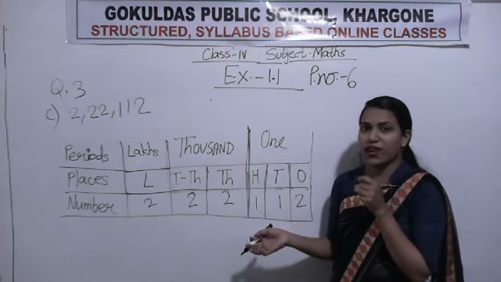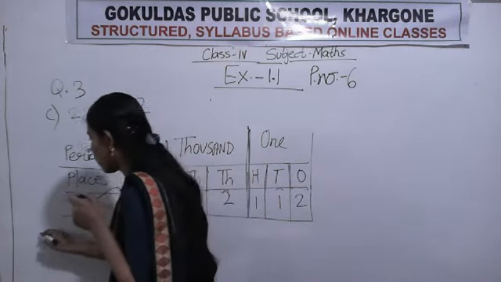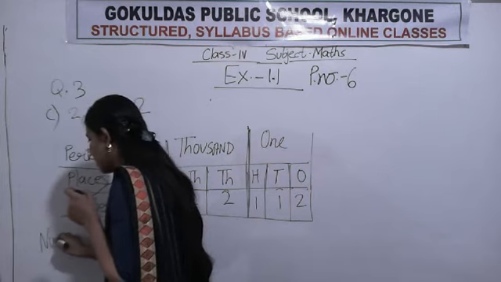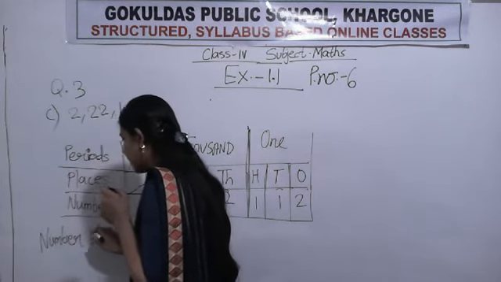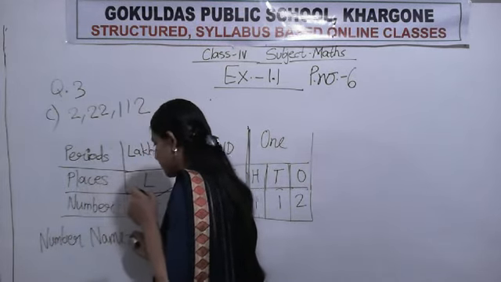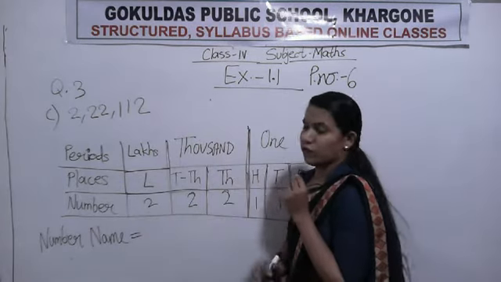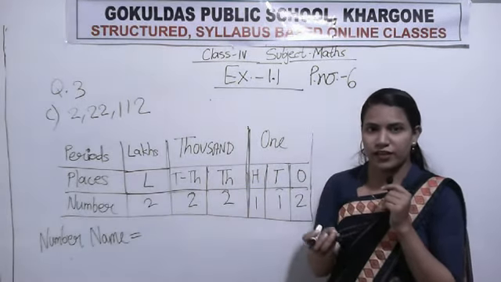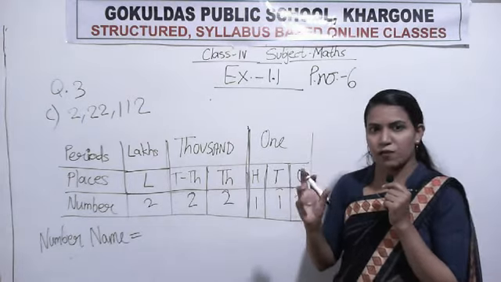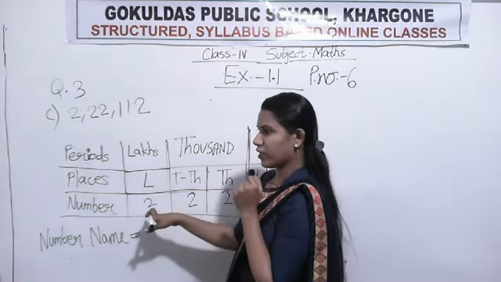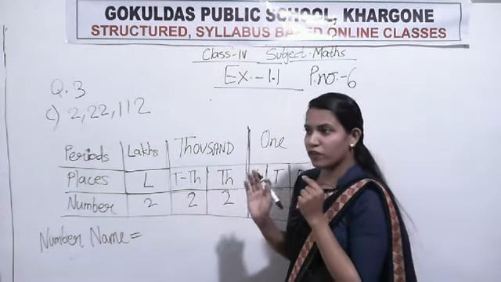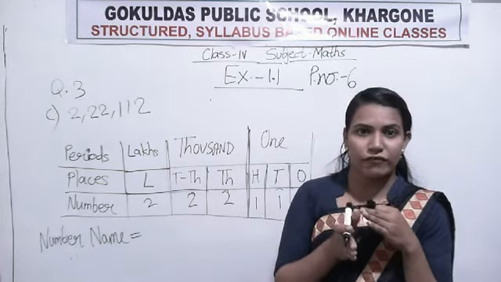Now it's time to write the number name. Okay, what I told you: read the number, then its period; read the number, then its period. Always start reading the number from the leftmost side.